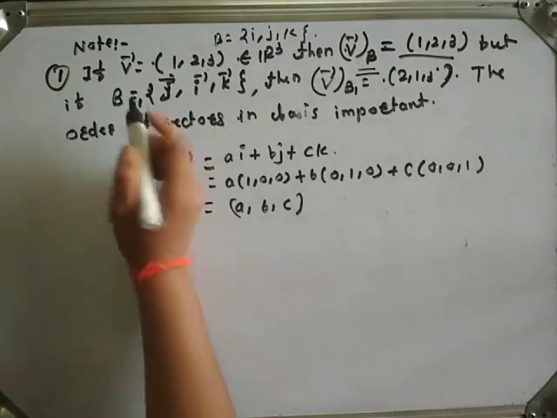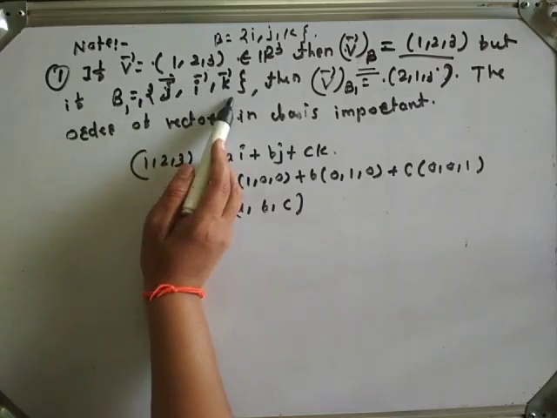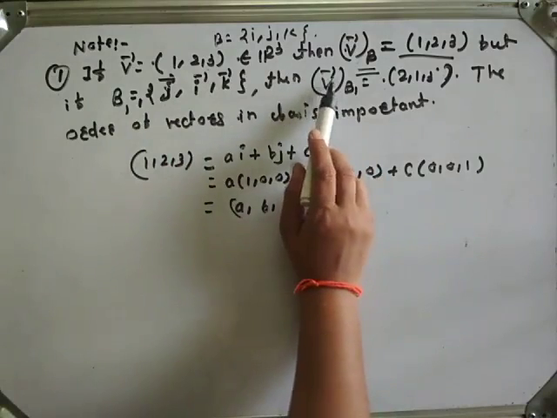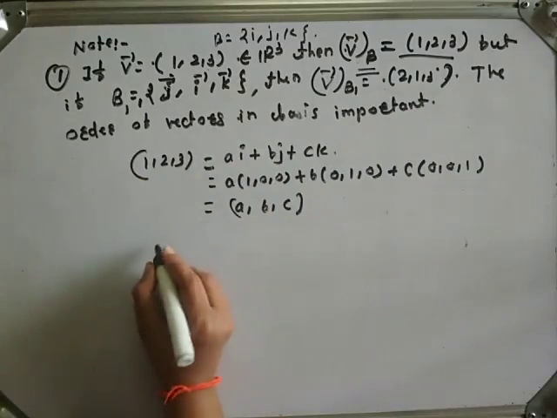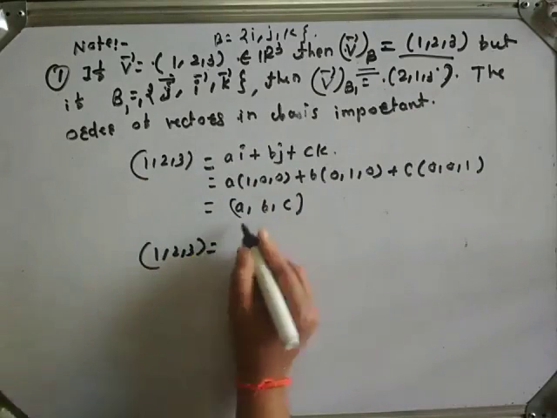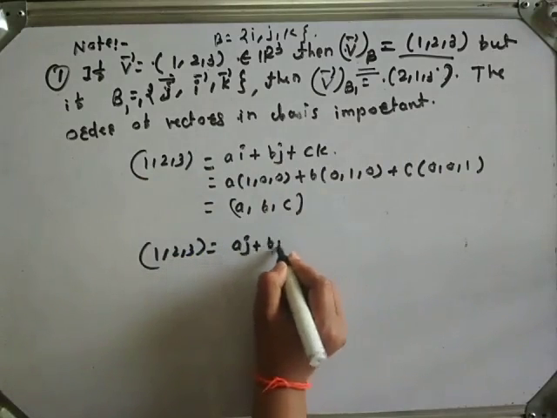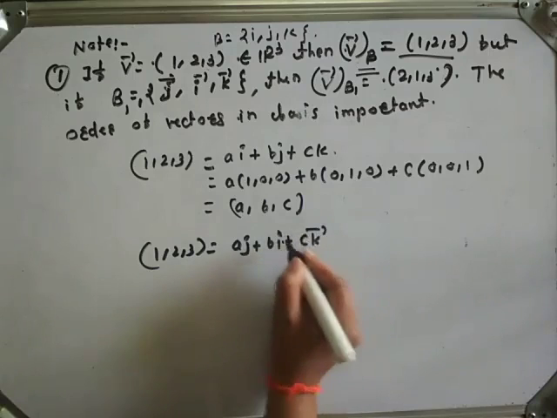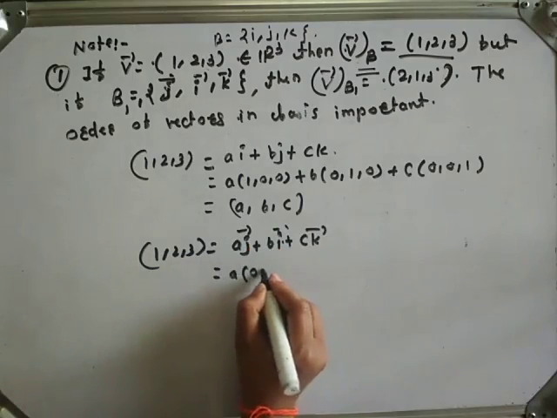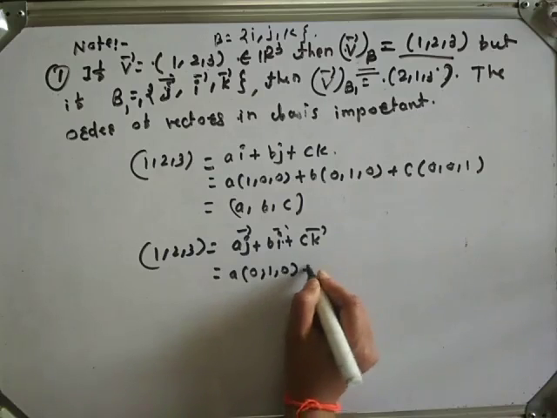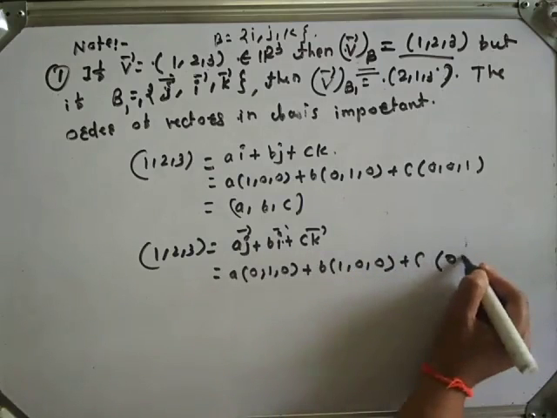If you have taken B1 equal to J bar, I bar, K bar, then the coordinate vector of V bar relative to the basis B1 is (2, 1, 3). Okay, how is this? See here, (1, 2, 3). So your linear combination becomes a into J bar plus b into I bar plus c into K bar. Okay, so a into J bar means (0, 1, 0) plus b into I bar means (1, 0, 0) plus c into K bar is (0, 0, 1).